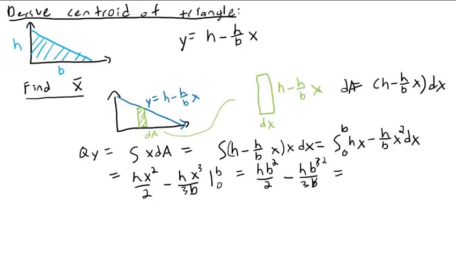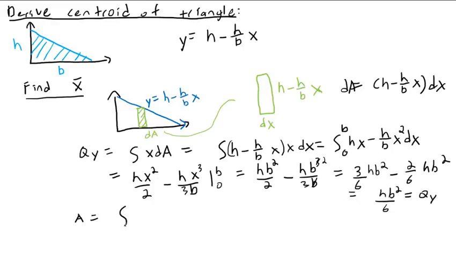This is 3 over 6 h b squared minus 2 over 6 h b squared. And finally, this will just be h b squared over 6. So that's the Qy.